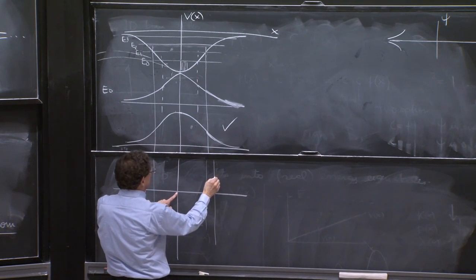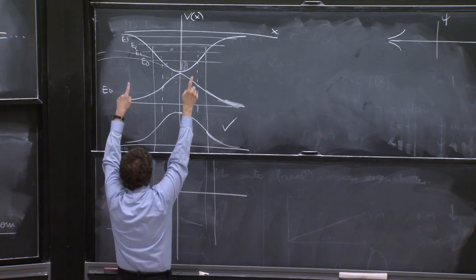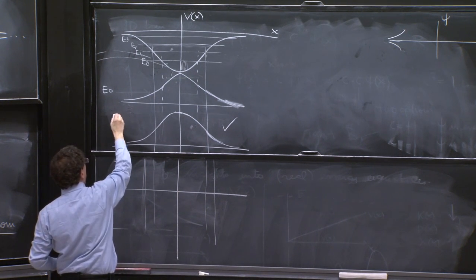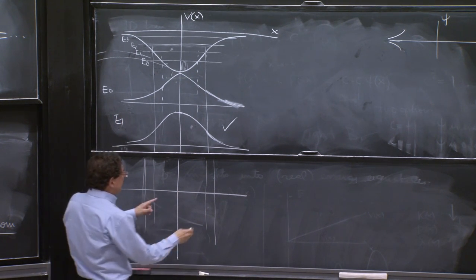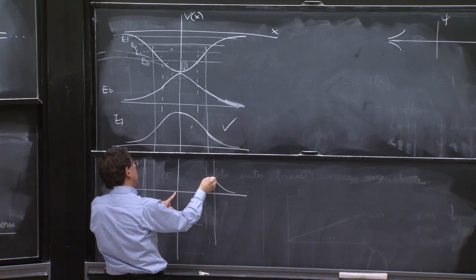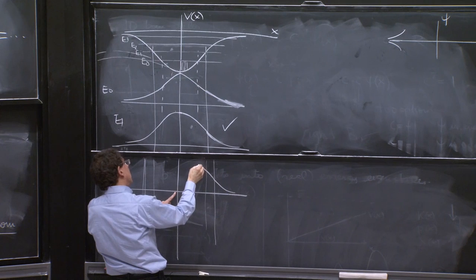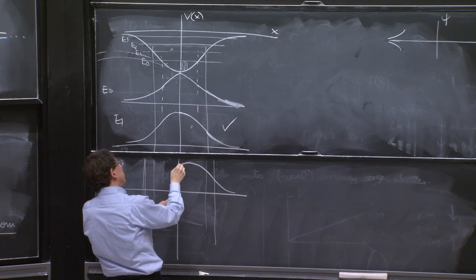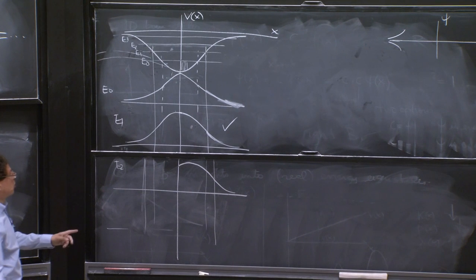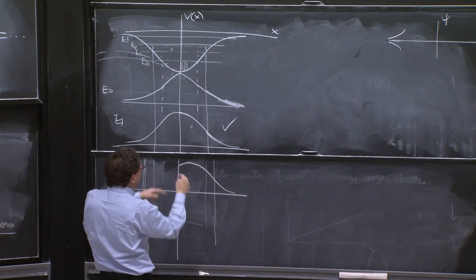Now, the turning point in this one corresponds to the E2 turning point. This is E1. And now, this will go in here, will turn, and it will curve and maybe do something like that. Because it's curving more and more and faster.